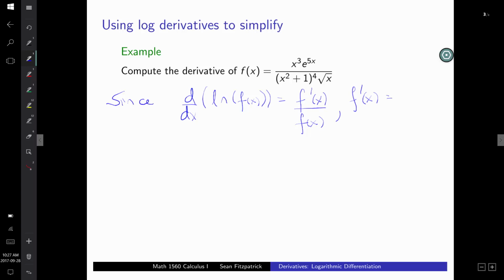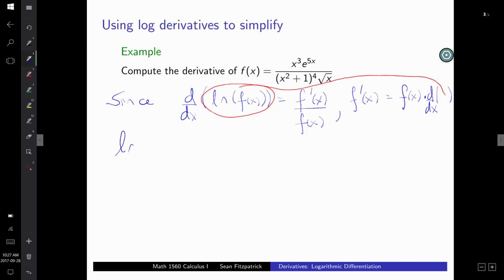Well, I just multiply both sides, right? It's going to be f of x times the derivative of what goes in here. Well, what goes in here is the log of the function, right? So I take the derivative of the log and then I can solve for f prime. So let's see what the log looks like in this case.